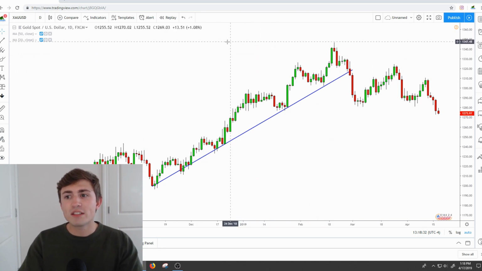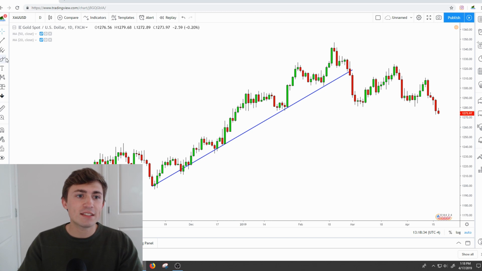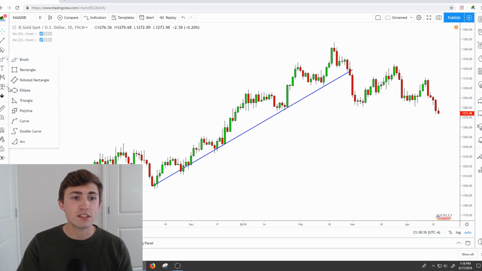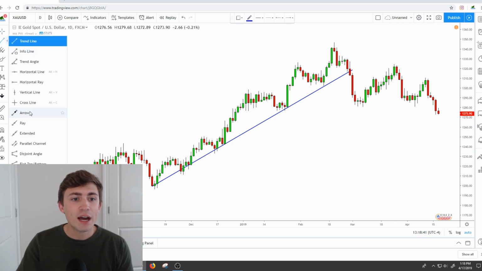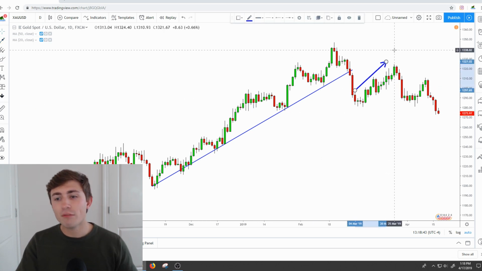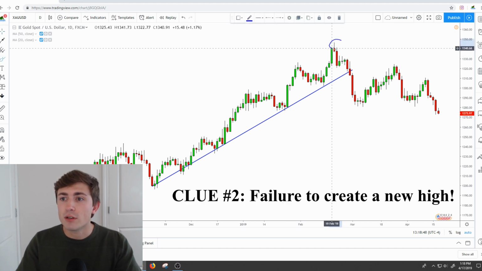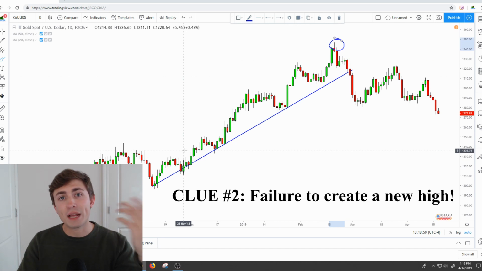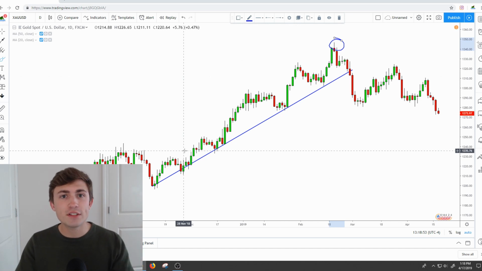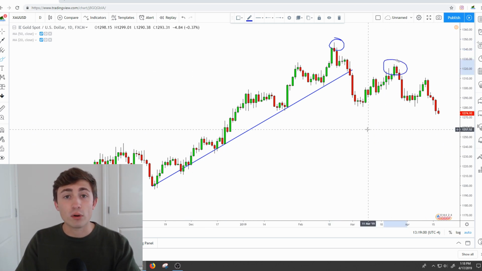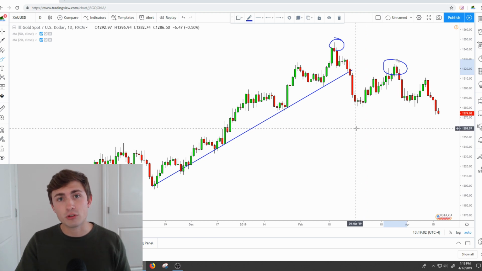Of course, what we saw next was our second clue. The second clue that we got that the market was potentially ready to reverse or potentially starting a new trend is that we got a bullish push back up. However, we were failing to create a higher high. You can see all along this trend, we were forming higher highs, and those were clear indications that the market was in an uptrend and that the buyers were in control. However, here we saw our second clue of a downtrend in the process of starting, right?